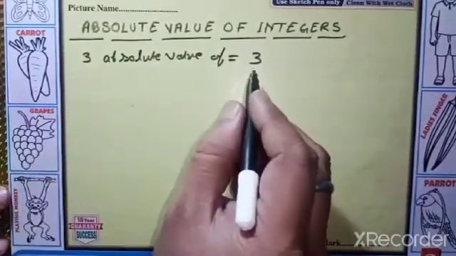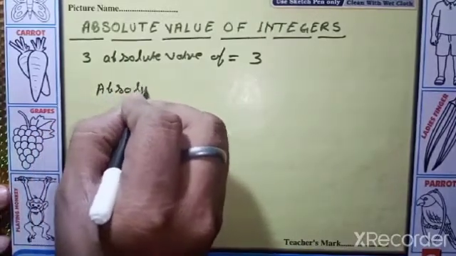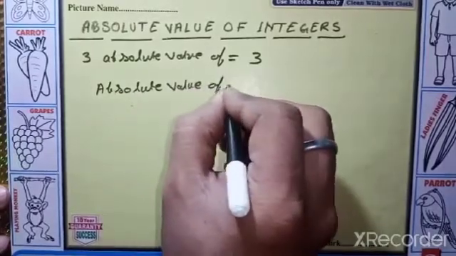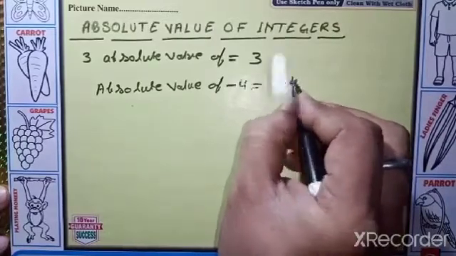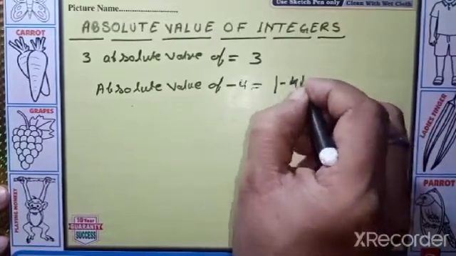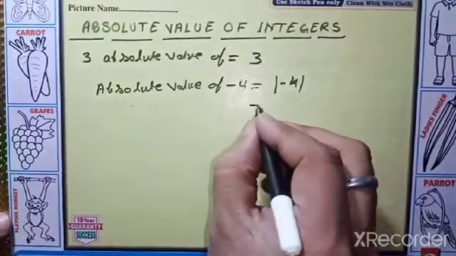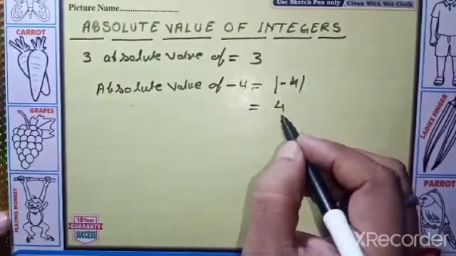Absolute value of 3 is 3. Now absolute value of -4: this is written as -4 and its value becomes 4. Absolute value of a negative integer is positive.